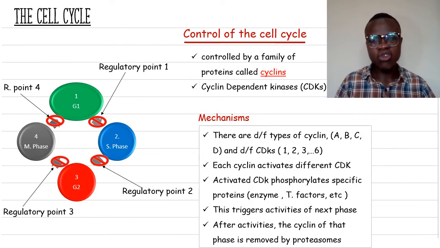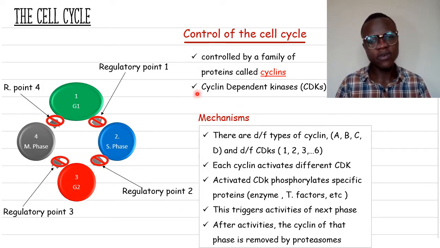Talking about the control of the cell cycle, there are several factors that control it. At first, we've already talked about the restriction points. Remember, restriction point 1 between the G1 phase and the S phase, restriction point 2 between the S phase and the G2 phase, point 3 and so forth.